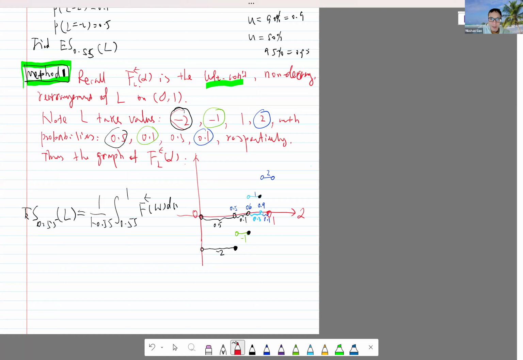Where is 0.55? It's pretty much from here, between 0.5 and 0.6. Integral means area, right? So this part, and then this part, and then finally the last part.